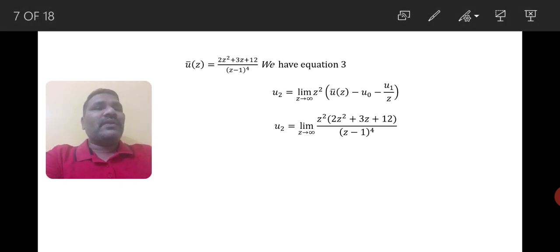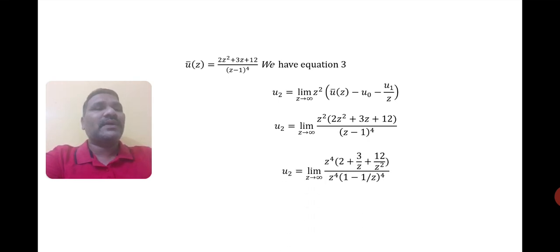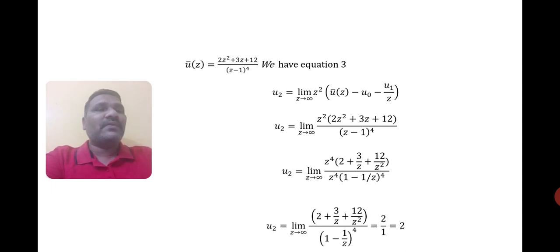If you take z² as common from the bracket, it will become z⁴ times (2 + 3/z + 12/z²). So here z⁴ and z⁴ will get cancelled. When you place the limit value, you will get the answer as 2, right?